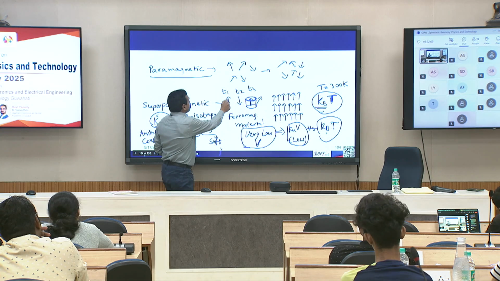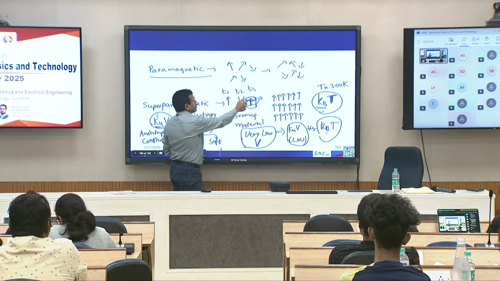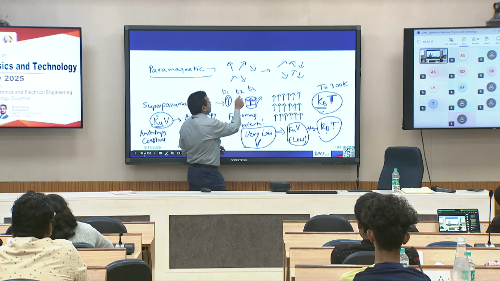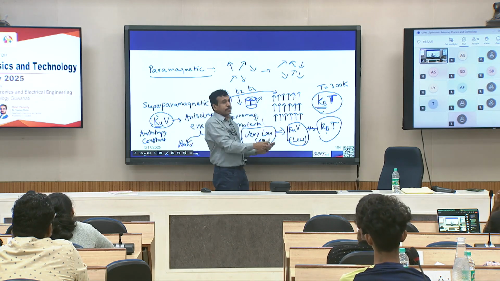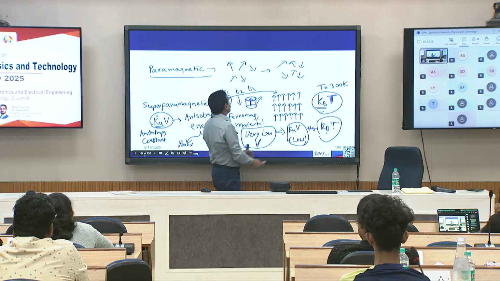So, here when I draw this arrow, I am talking about magnetization of this particle. But if I zoom this out, the neighboring spins are still parallel to each other. So, at one point of time, all these spins are like this.